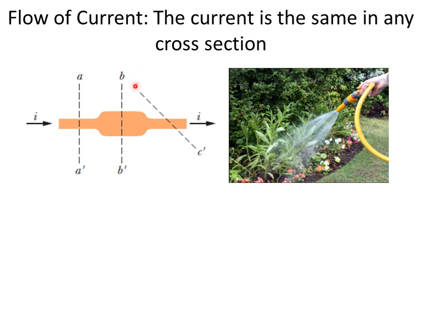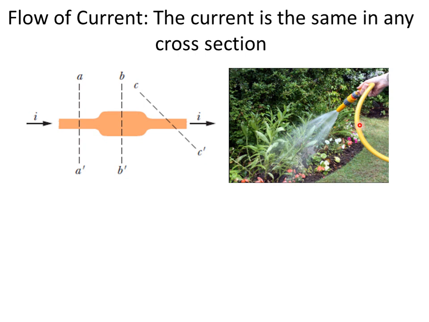Then here you see C and C dash, which is equal in cross section to A dash, but its orientation is different from that of A dash. So the flow of current remains constant throughout this conductor, and the reason for that is that the charges remain conserved, the quantity of charges remain conserved.